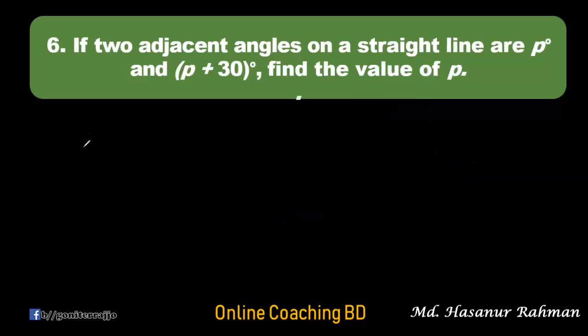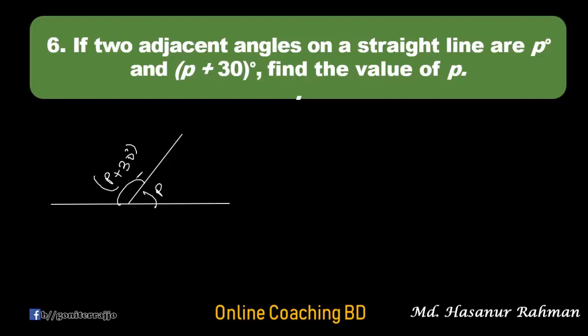Now number 6. Number 6 is if two adjacent angles on a straight line are P and P plus 30 degree, find the value of P. Actually this problem is similar to number 5. Suppose this angle is P and this angle is P plus 30 degree, then we can say this P is adjacent to P plus 30.